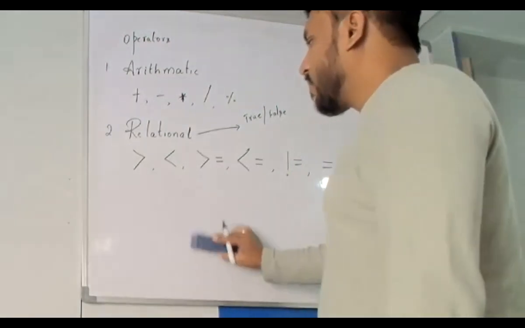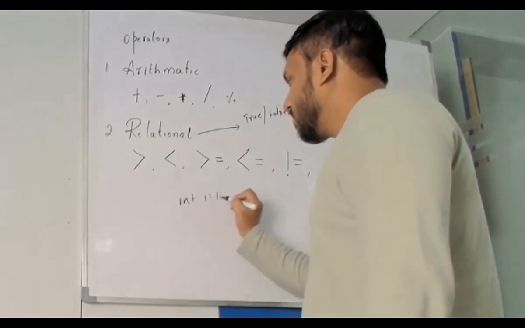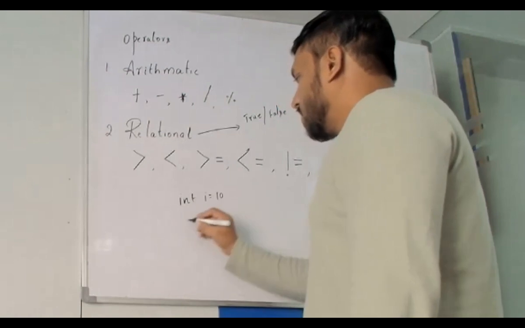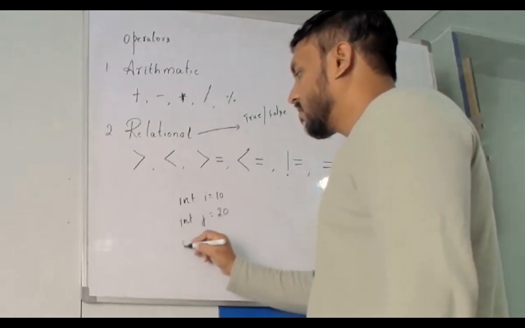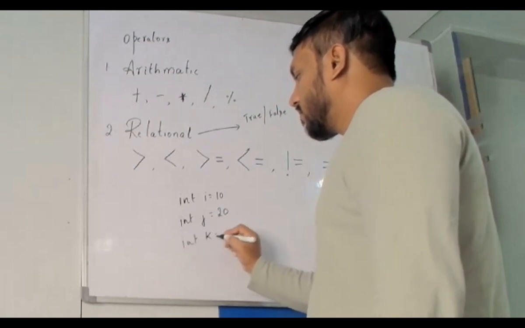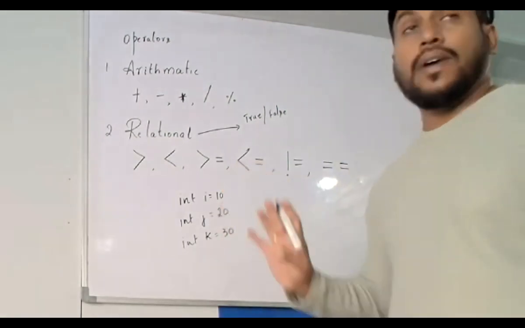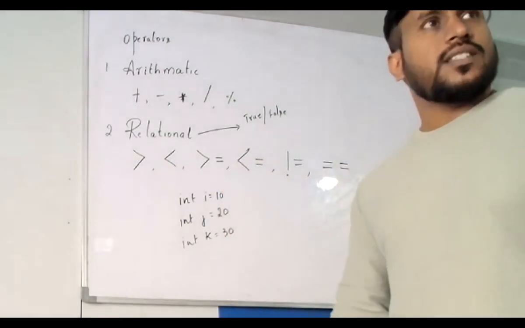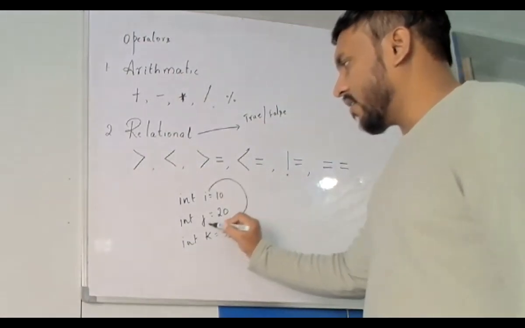Suppose the biggest of three numbers. How do you validate the biggest of three numbers? Take i, compare with j.